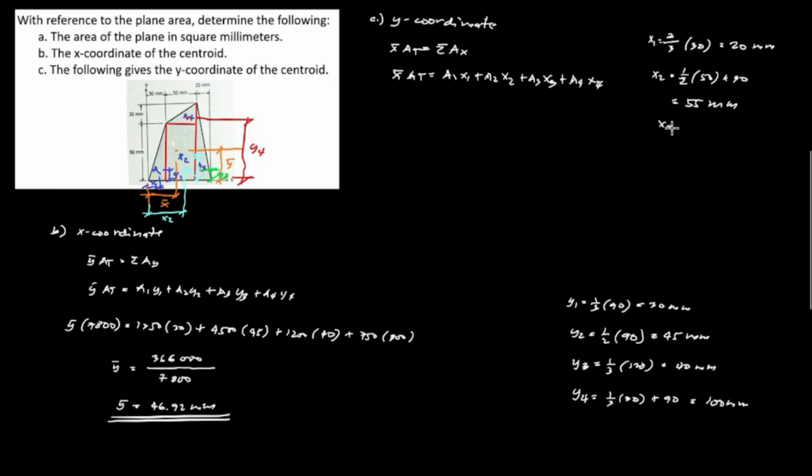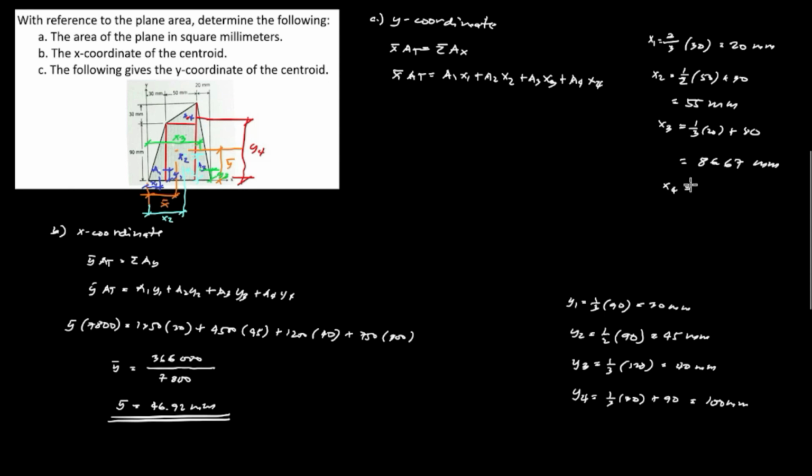Next, x sub 3, which is the distance from this point up to the y coordinate. X sub 3, from the centroid up to the line, is 1/3 of the base, which is 20, plus from this point up to the y coordinate, so 30 plus 50, or 80. So 1/3 of 20 plus 80 is equal to 86.67 millimeter.